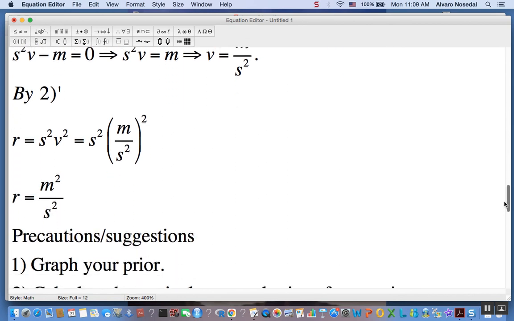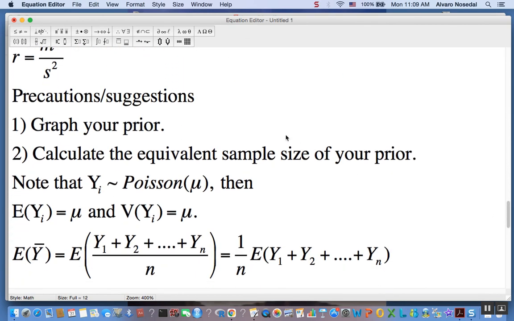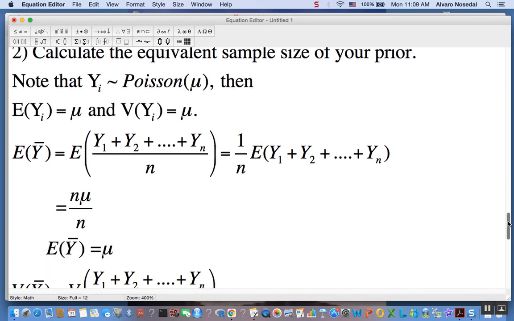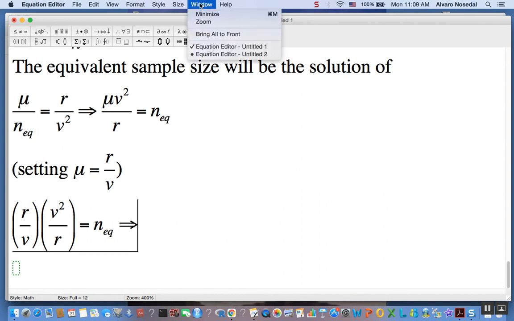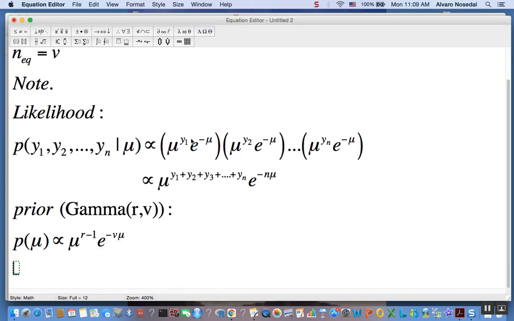But then once we have them, we said it would be a good idea, number one, to graph your prior to see that it makes sense to you. And the second point that we need to check is if your equivalent sample size matches the kind of prior information that you believe you have about your parameter mu. And what we realized is that the equivalent sample size happens to be equal to the parameter v.